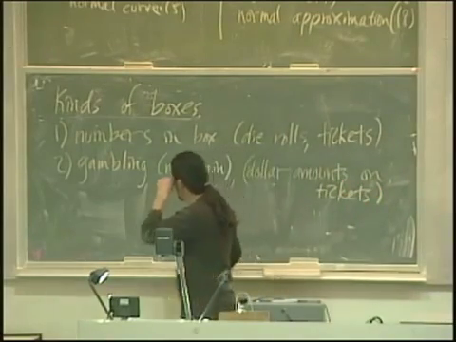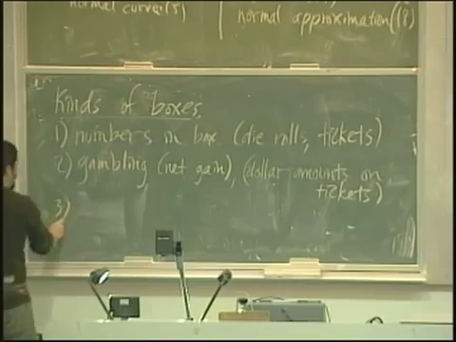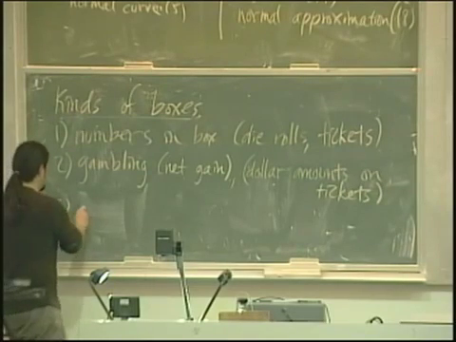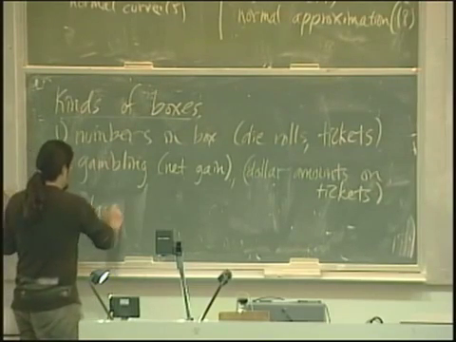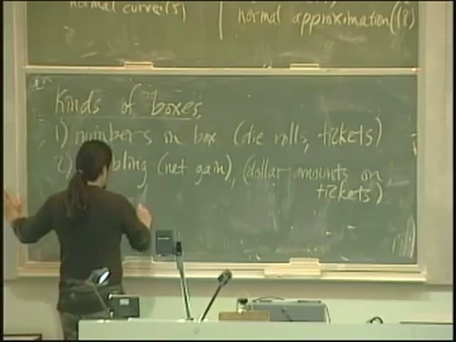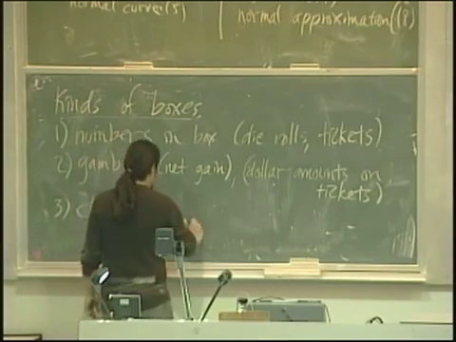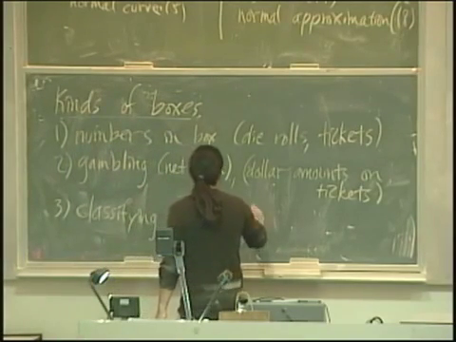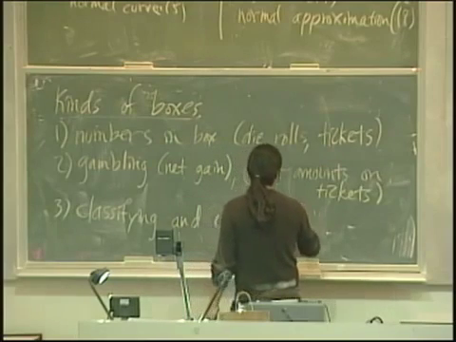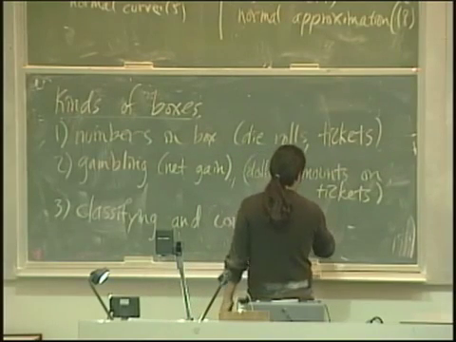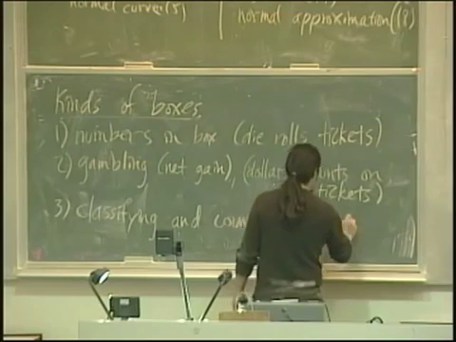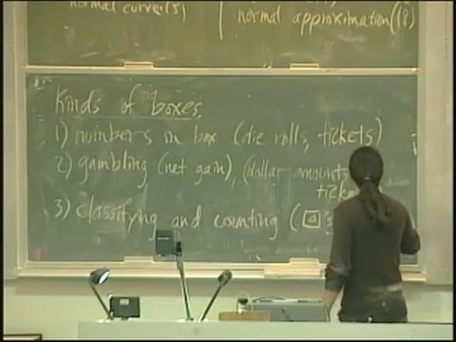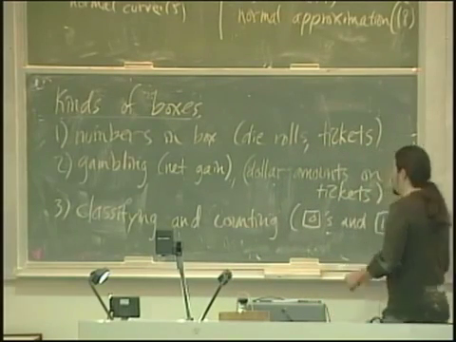Okay? And then the third thing I'll mention is this classifying and counting thing. So this is zeros and ones go on the tickets.